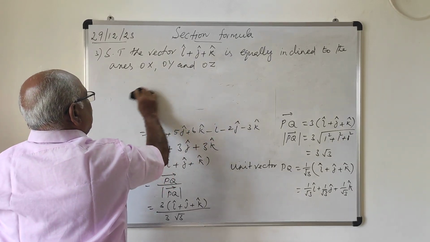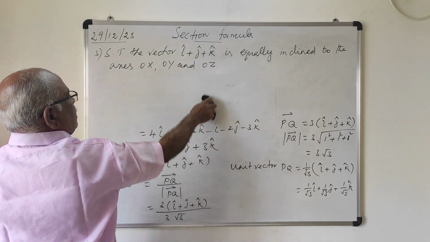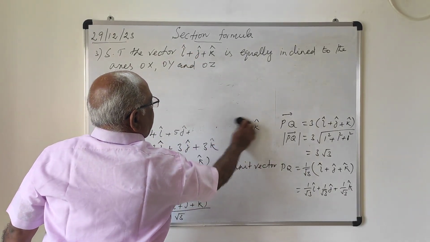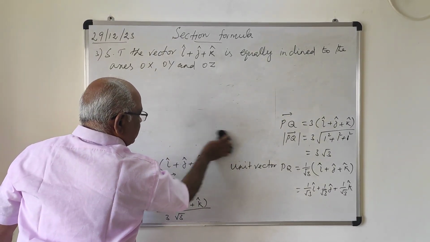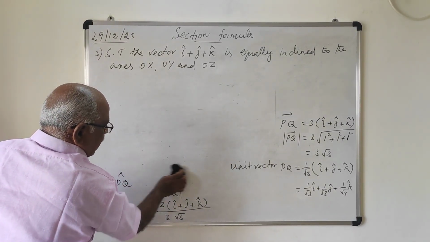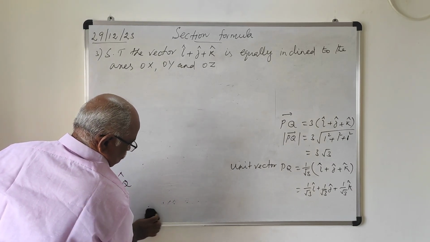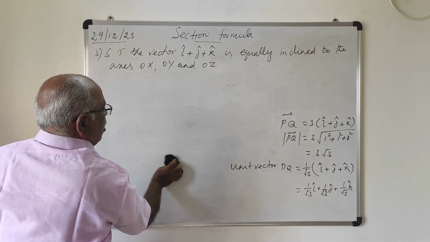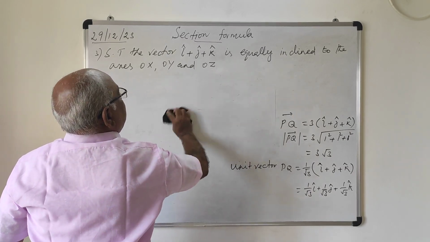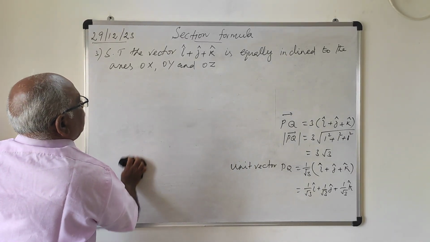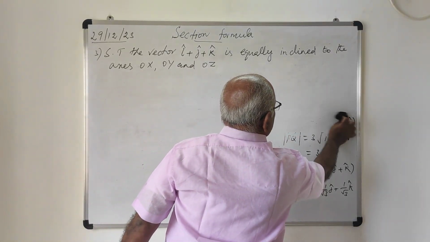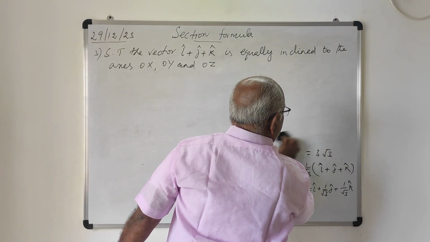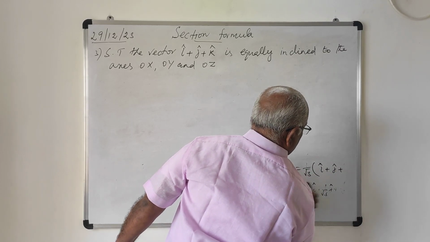That is, the vector i plus j plus k makes an angle alpha with the x-axis, beta with the y-axis, and gamma with the z-axis. But these alpha, beta and gamma are equal for this vector, and that is what we have to prove.